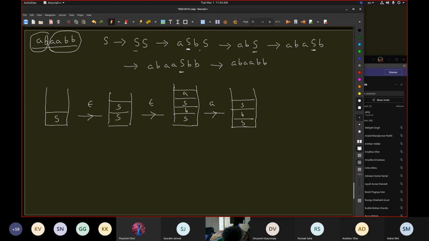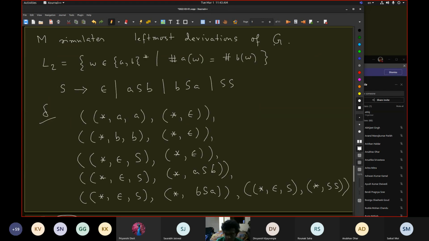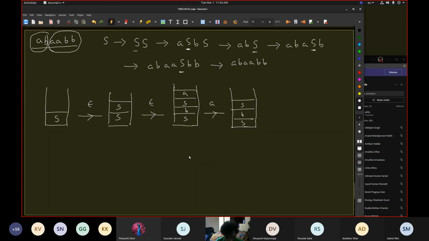And what did I do there? I applied the rule S can be epsilon. And if you look at this, S can be epsilon is perfectly there in the machine's table, so it can simply pop that thing. This is again an epsilon transition.